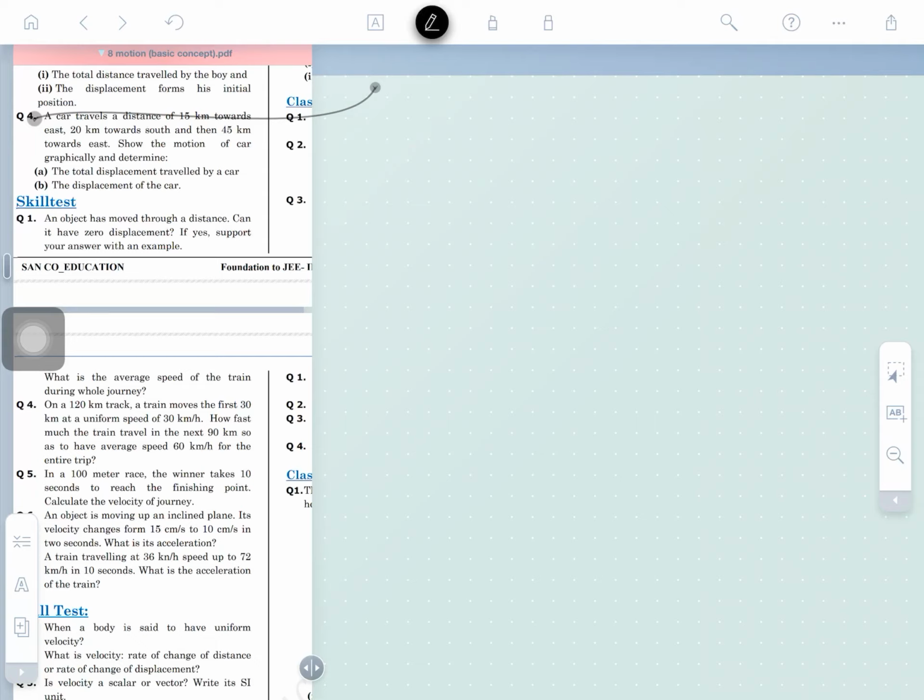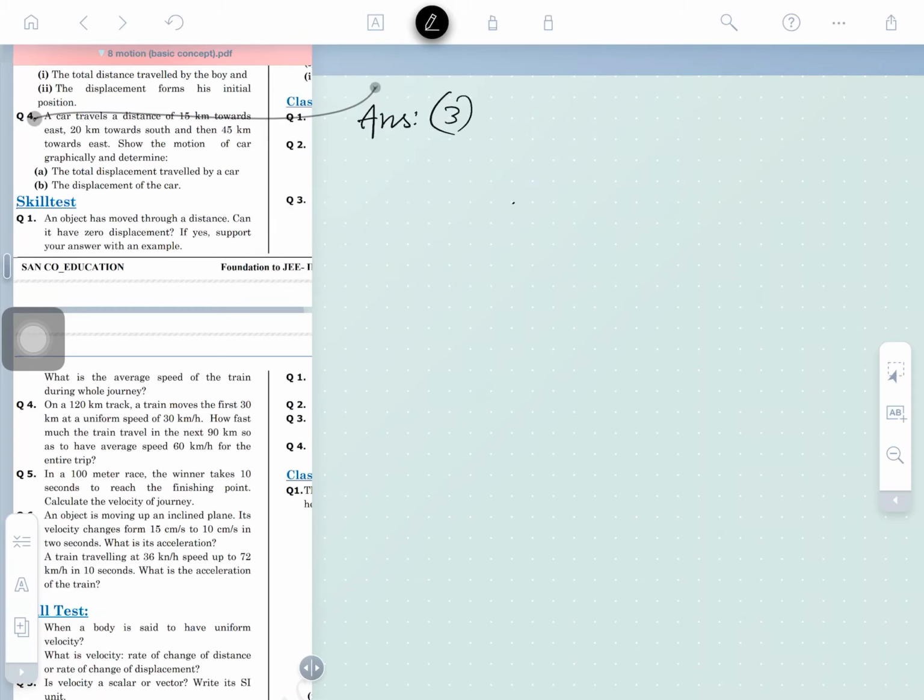Always east, where? Front, back, left, right? East means the method of writing the answer, as in question number 3. East is the right side, 15 kilometers. So obviously the car travels 15 kilometer east.